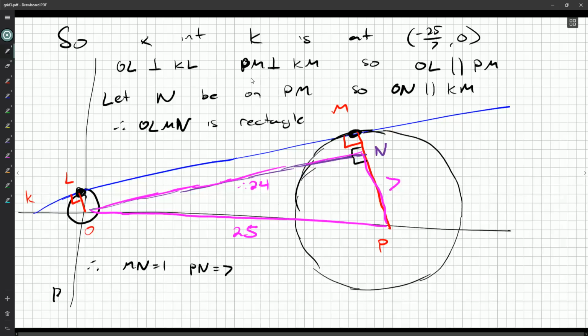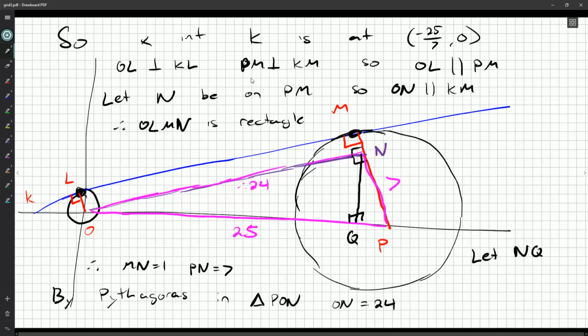So, by Pythagoras, in triangle PON or NOP or something like that, ON has length 24, and if I were to drop a right angle point here, Q. Let Q be on OP, so NQ is perpendicular to OP.